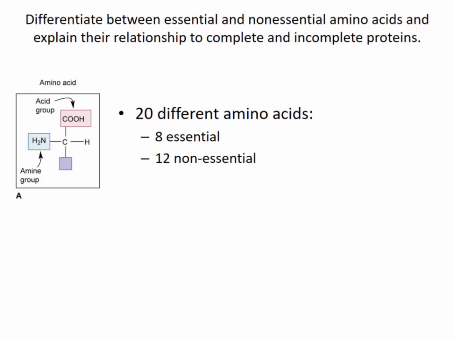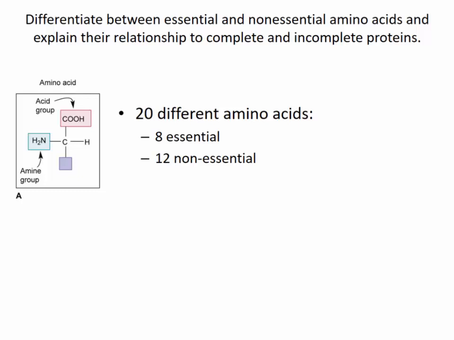In the liver, there are reactions that can take place where, for the 12 non-essential amino acids, they're non-essential because we don't need to necessarily get them in our diet, the liver can produce those non-essential amino acids if needed. The liver can take other amino acids, cause a reaction that changes the R group into the appropriate R group, and we have those amino acids to go around our body.